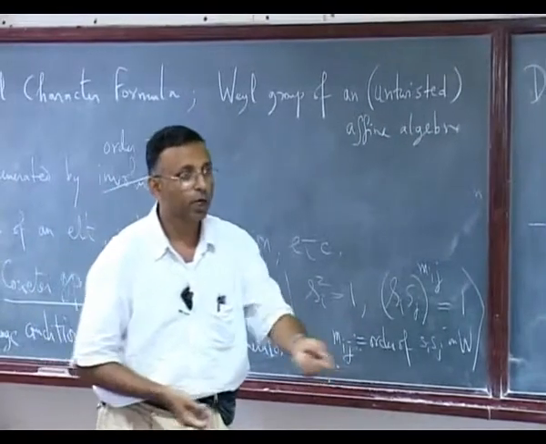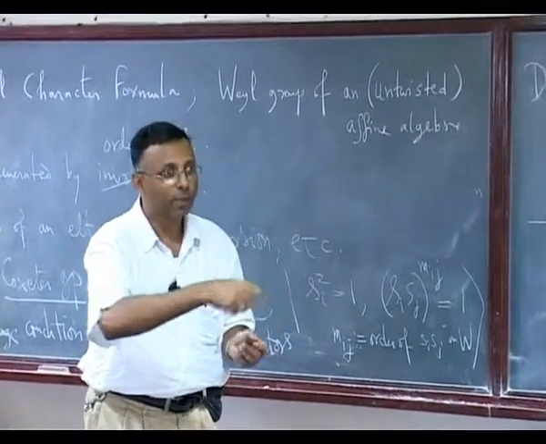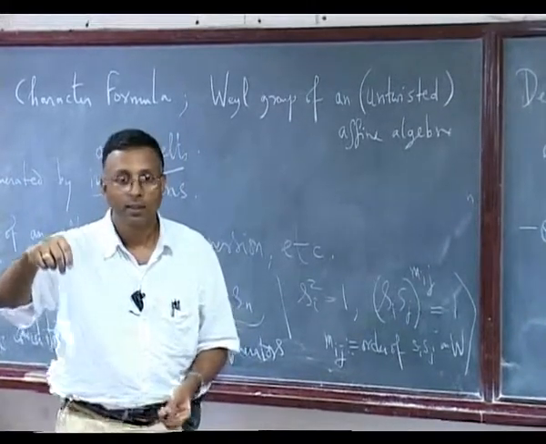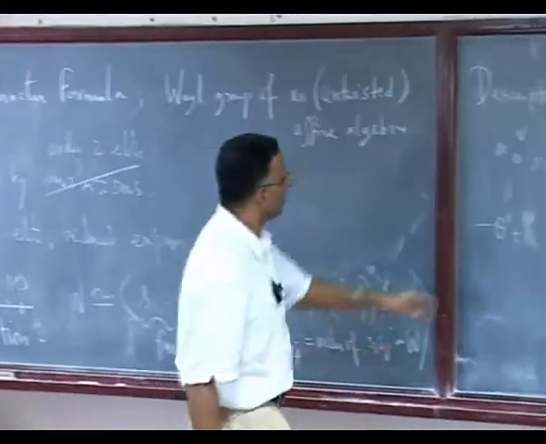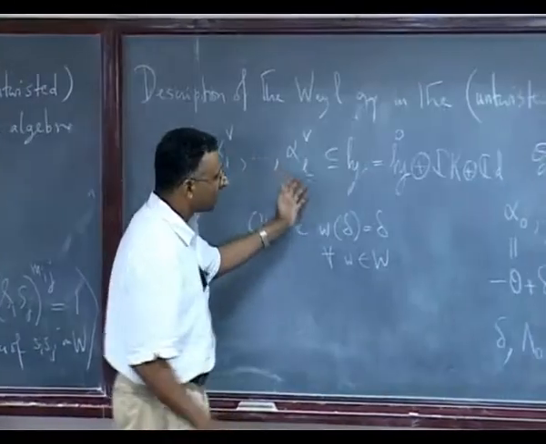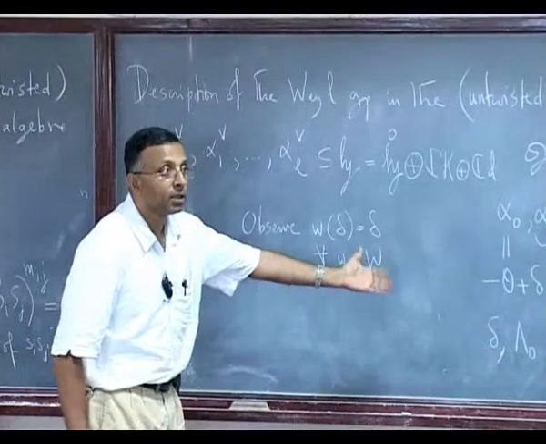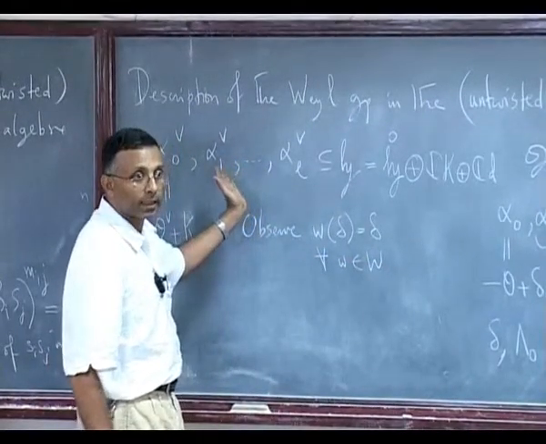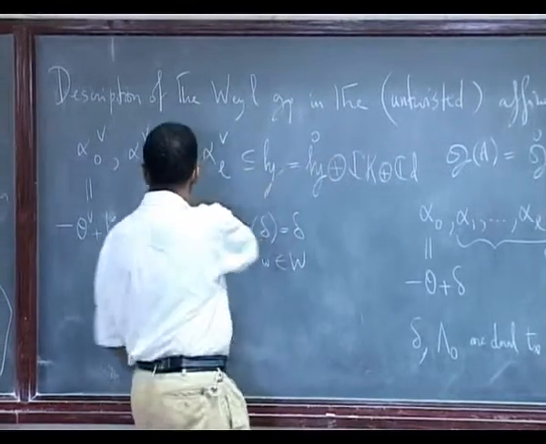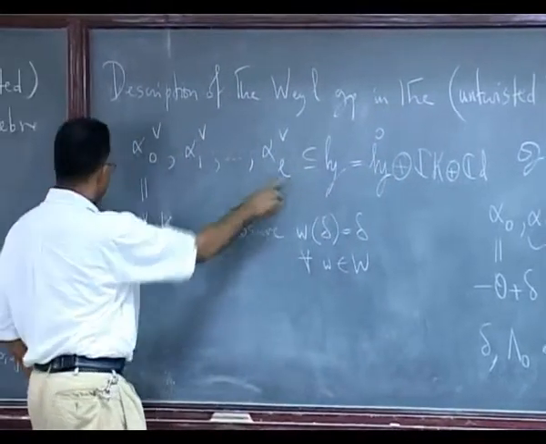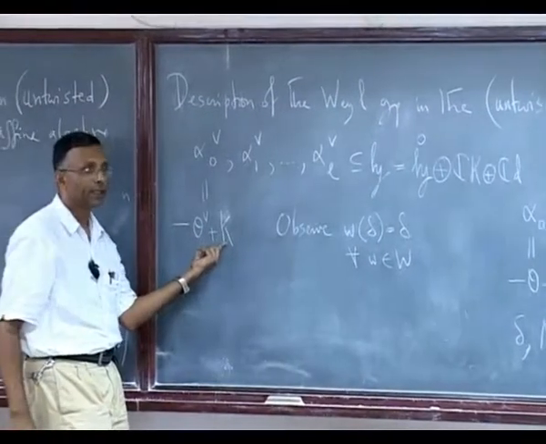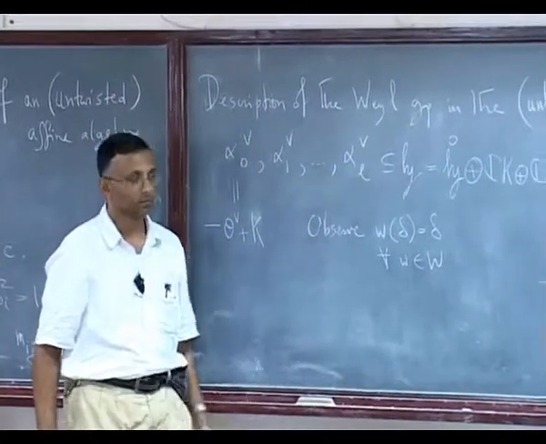So I apply one: I take delta minus delta of alpha I check times alpha I. But if it is one of these, then delta is 0 on H naught. Delta is 0 on H naught. Therefore, these live in H naught. That's done. And if it is this, there is only a K component. There is no D. So that's easy to see.